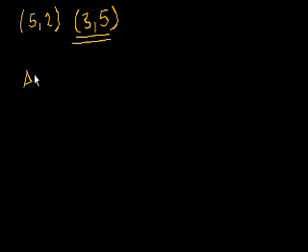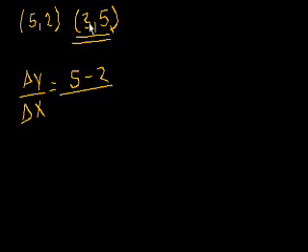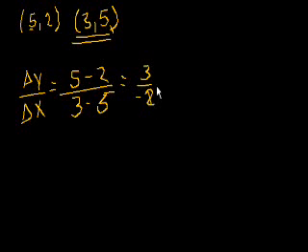So change in y over change in x, or rise over run. Well, change in y would be this 5 minus this 2, over this 3 minus this 5. And that gets us 3 over -2, equals -3 halves.